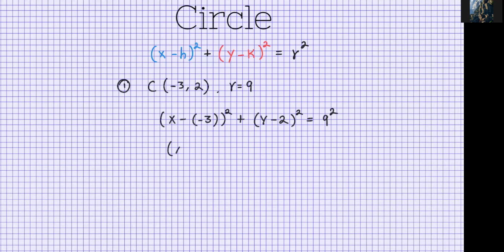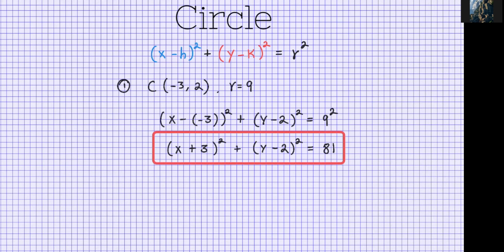So we end up with x plus 3 squared, plus y minus 2 squared, and this will be equal to 81. And that's it. We have gotten the answer. That's what we have to do whenever we're given the center and the radius.